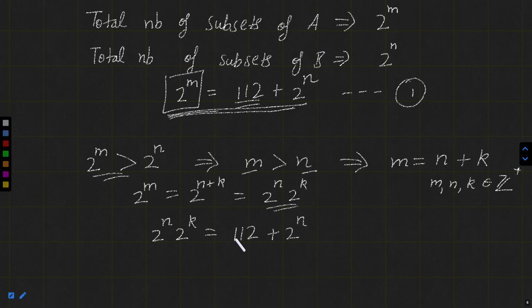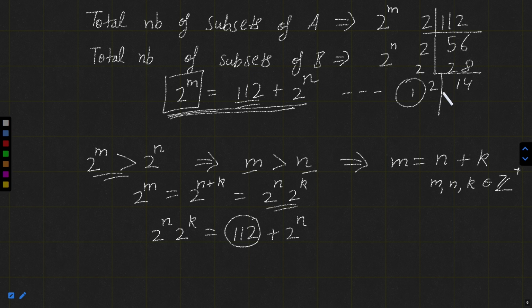Simple. Now let's try to prime factorize this number. Okay, let's do it here. So 112: divided by 2, we are left with 56, divided by 2 we get 28, divided by 2 we get 14, divided by 2 we get 7, and 7 divided by 7 is 1.